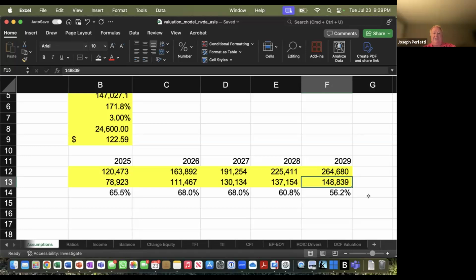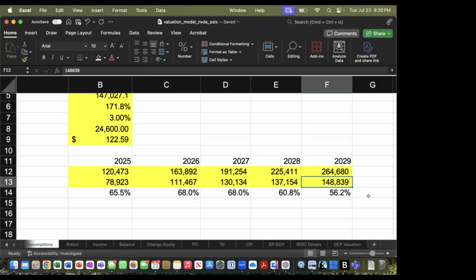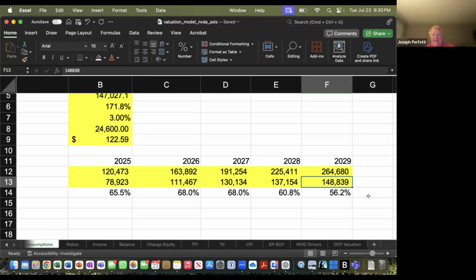We are trying to put in the assumptions that lead to the current share price. We're trying to manufacture in our model a representation of what must people be thinking that leads to the current share price? What cash flows lead to the share price? That's called the as is. Got you. Okay. And by the way, this is a step most people skip in the real world. They go right to one of the next models we're going to do, which is what do we think it's going to be going forward?